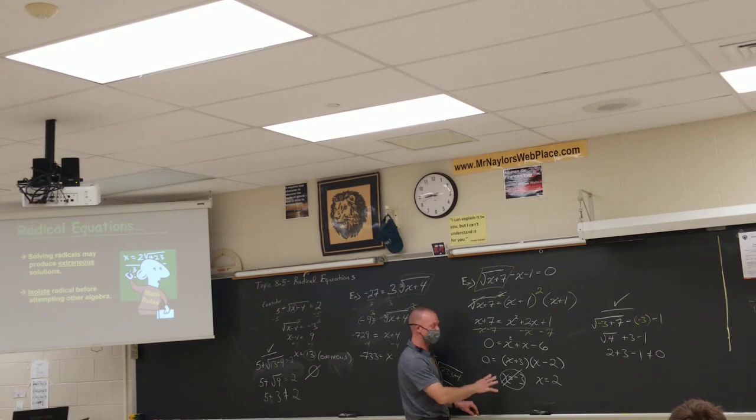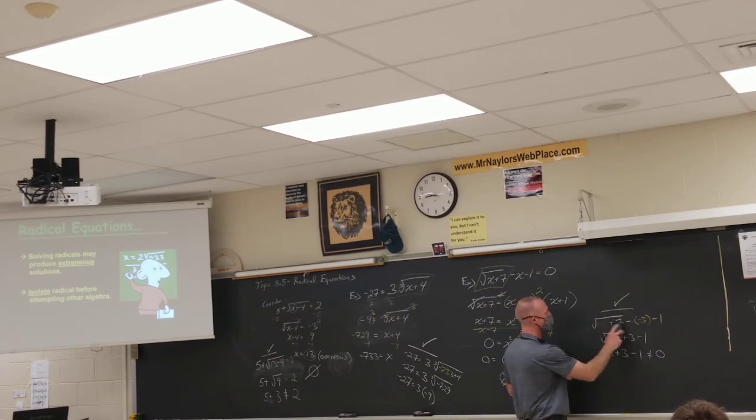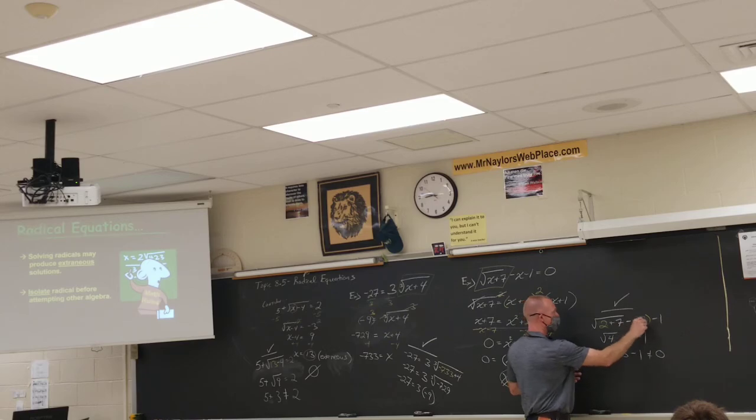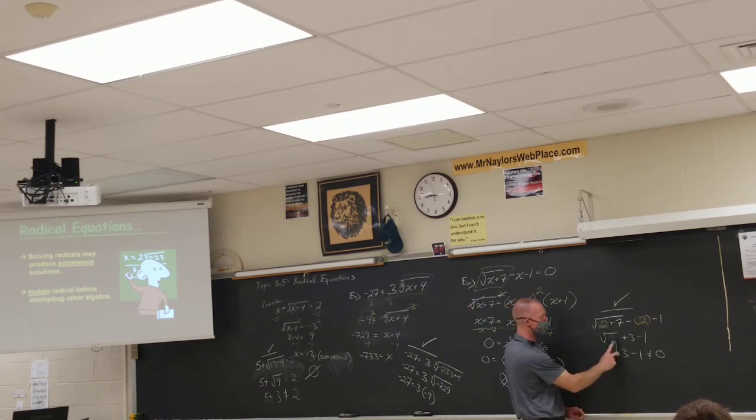Now, just because that one's not right doesn't mean the other one is right. Got to be careful. You can't just assume that one, if not the other, or vice versa, because it could be the case that both of them don't work. It could be the case that both of them do work. Are you hearing me here? There's all kinds of possibilities. I just have to check it.